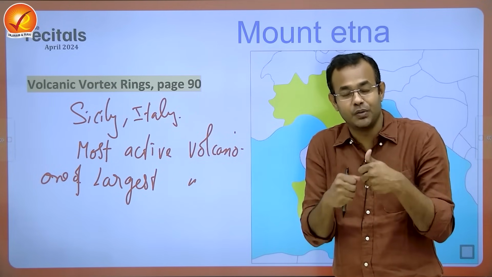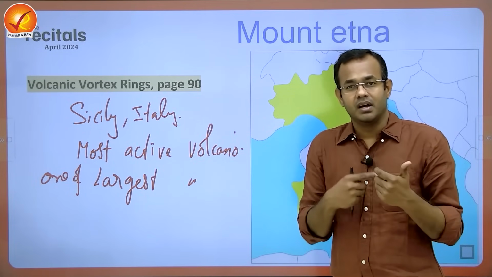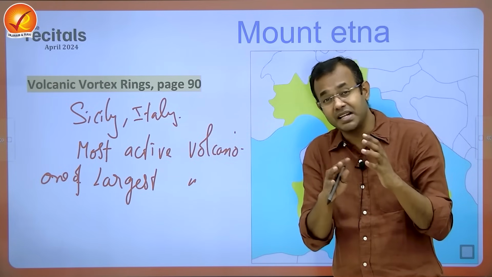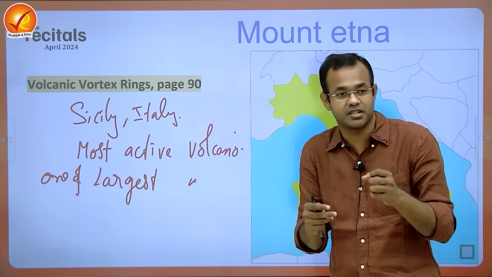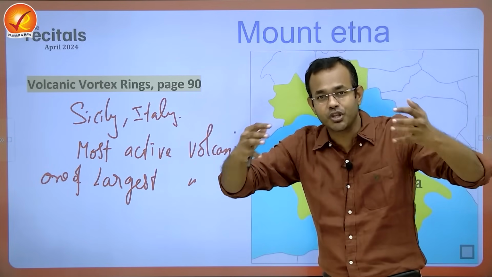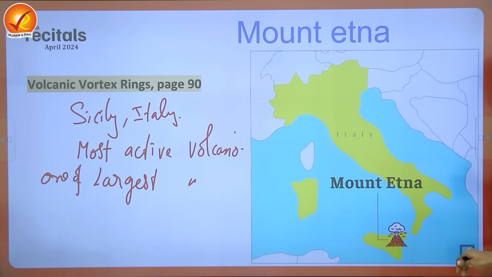So an active volcano, most popular and one of the largest volcanoes, regularly in the news. Second part is that it has different styles and various kinds of eruptions, from violent explosive eruptions to a smooth lava flow that has also been formed by Mount Etna.